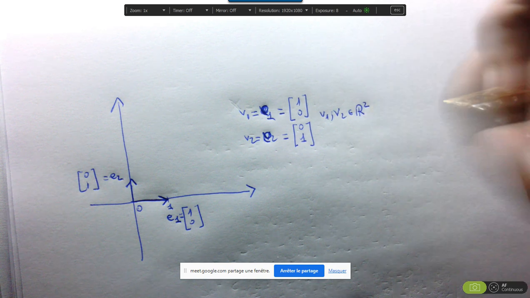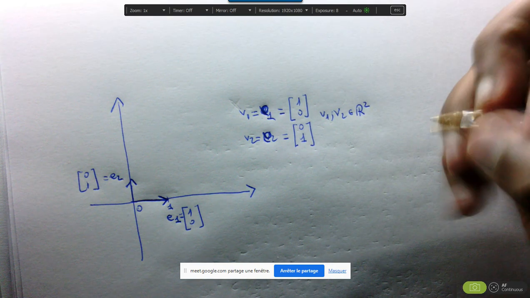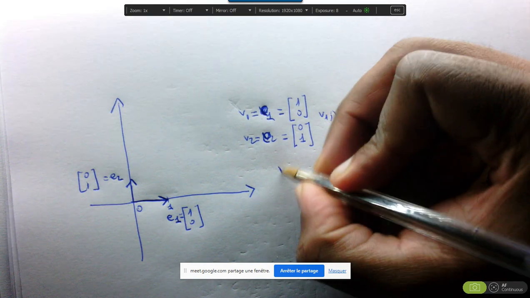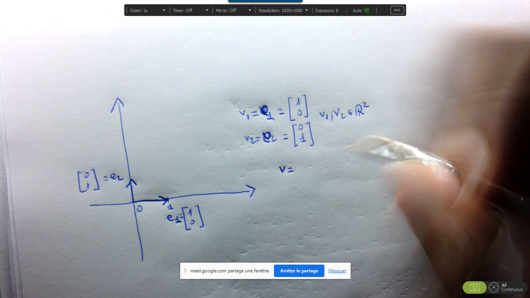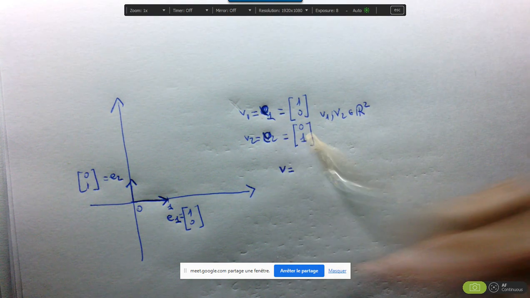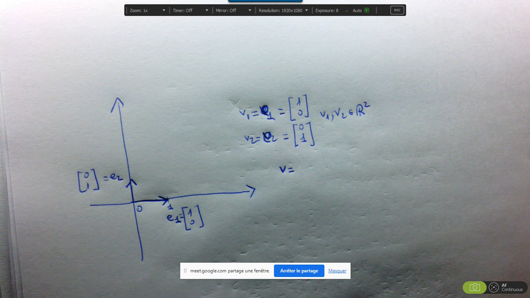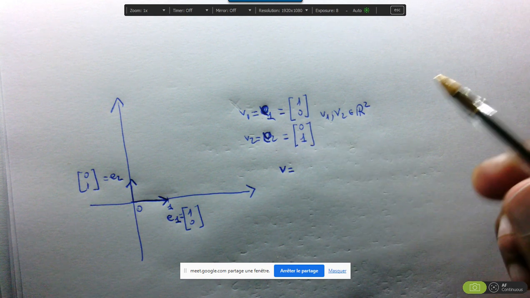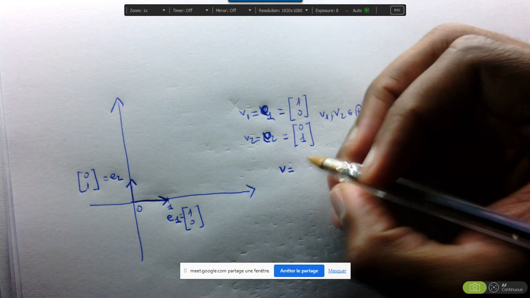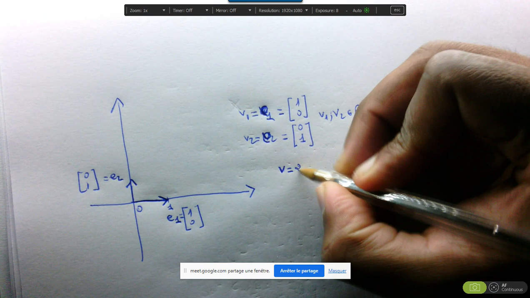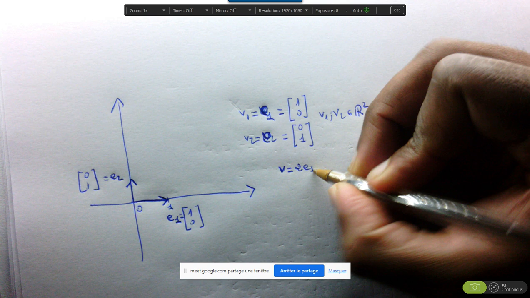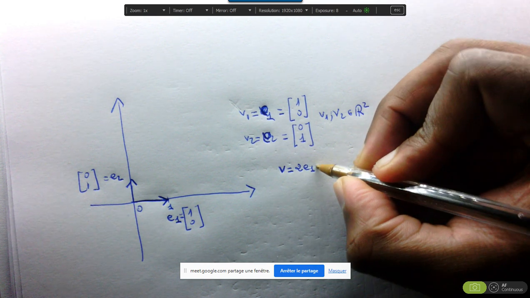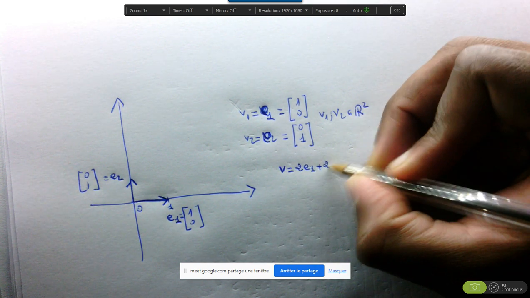So suppose that I take a vector v that belongs to the span of e1 and e2. That means that vector v can be written as a linear combination of e1 and e2. So suppose that I have a vector v that is 2 e1 plus 2 e2, something like this.